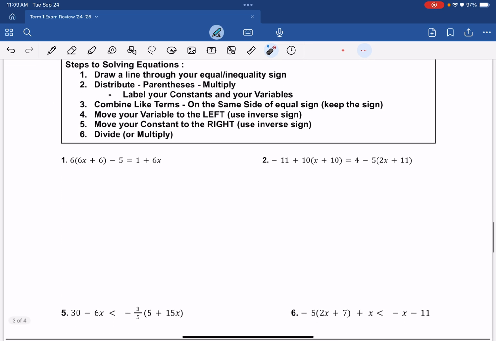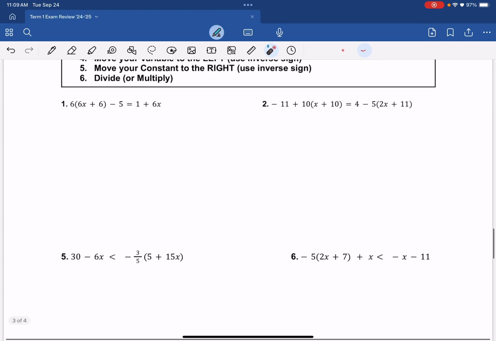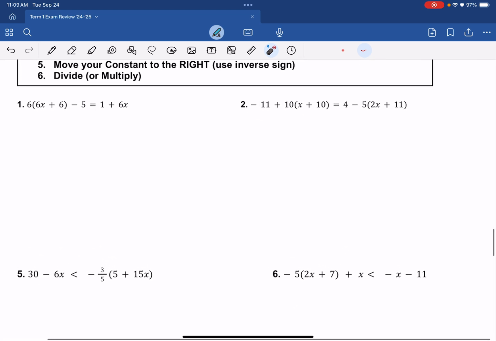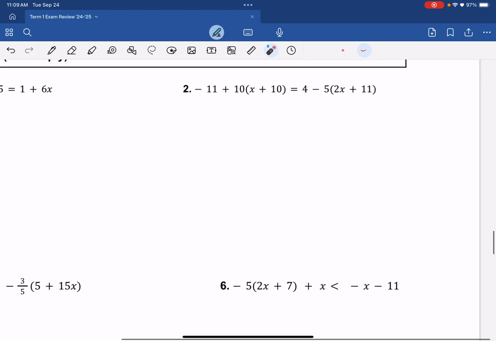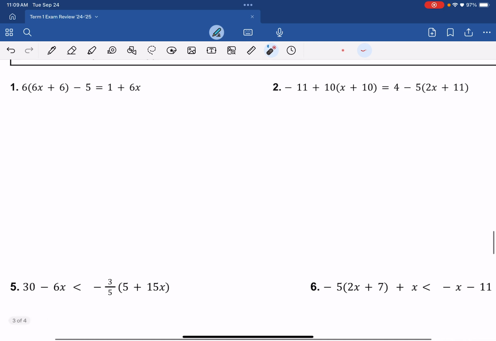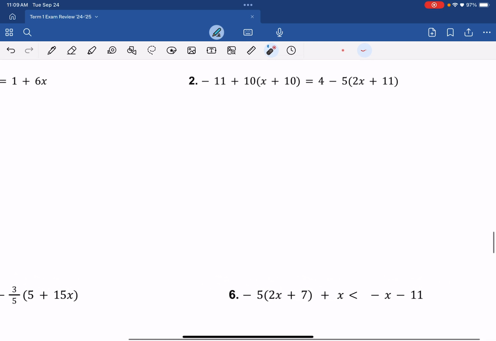All right, solving equations. So I'm going to do the same two questions that I did in class today. Okay, so it's important to me that we're able to do all the steps, including, okay? All right, so number 2, okay, we have negative 11 plus 10 times x plus 10 equals 4 minus 5 times 2x plus 11. So our first step is to always, always, always distribute.